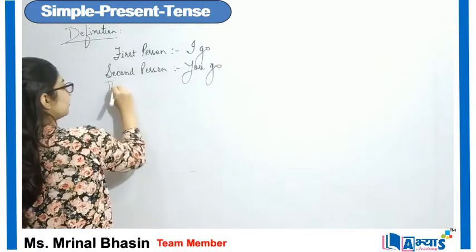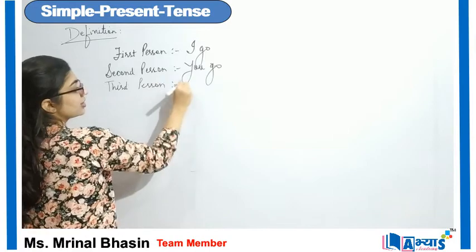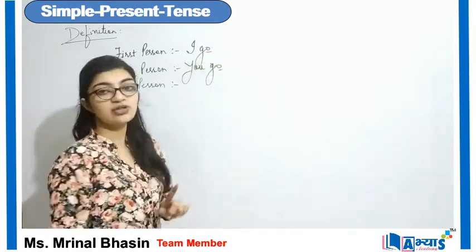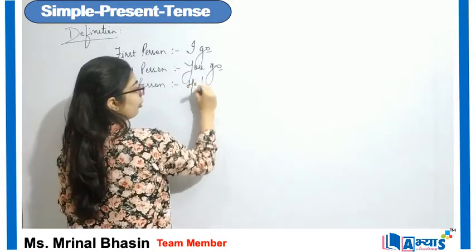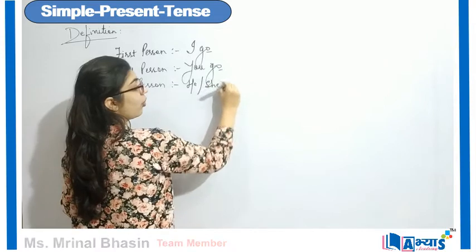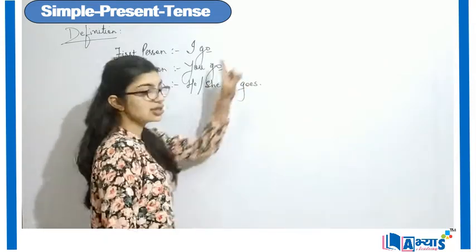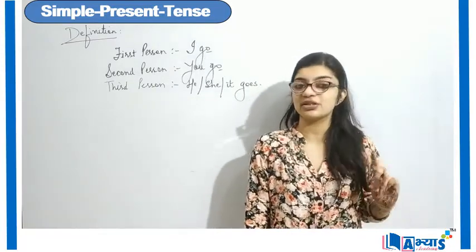And in third person, since I am making use of the word go and it ends with o, therefore it can be he or she or it, and goes. So this goes is the form of simple present form, right?